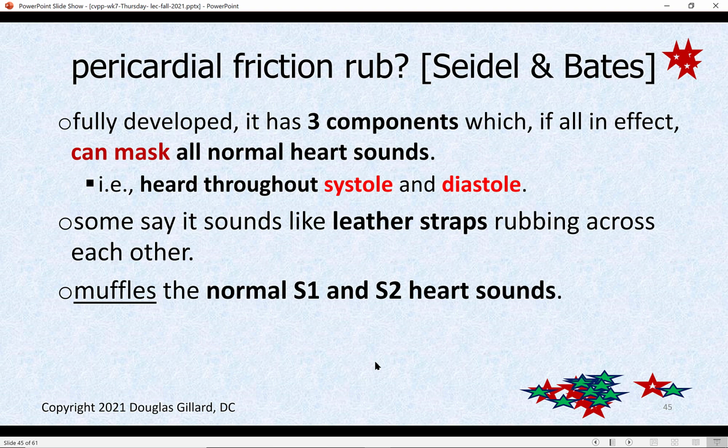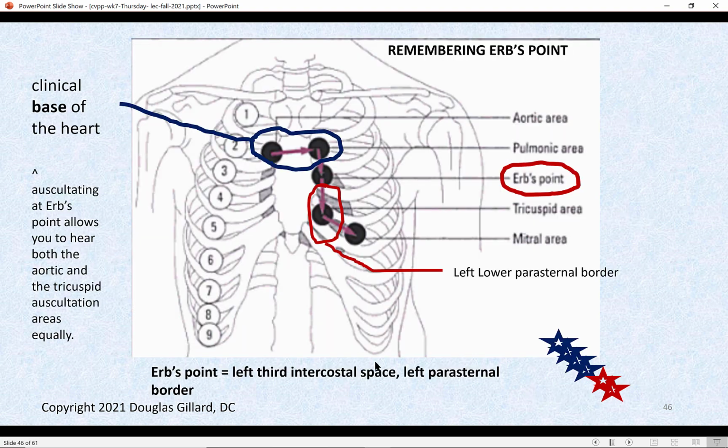It kind of sounds like leather straps constantly rubbing over each other, and it muffles the normal S1 and S2 heart sounds. There's Erb's point. You should definitely know where that is. Third intercostal space on the left, parasternal border. Base of the heart: second intercostal space right and left, parasternal borders.